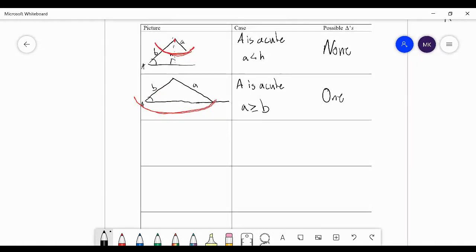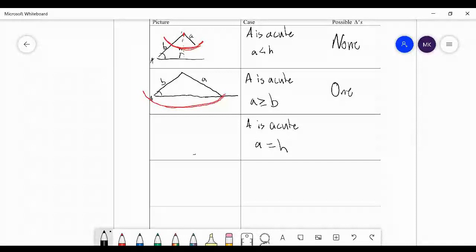Our next possibility is that A is acute, in that our little a is equal to H. So here, I can draw a straight line. Good enough.